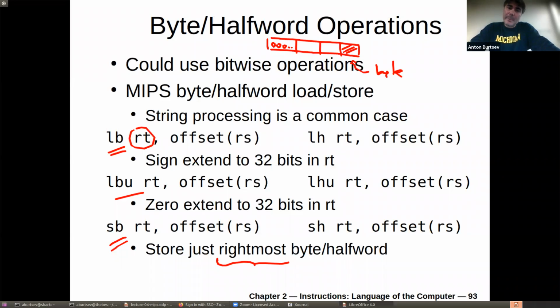Otherwise, you can deal with it: you can load the whole word and then do a shift operation and mask out what you don't need. It's doable as well, but they came up with saying that this is so frequent that we will rather support it.